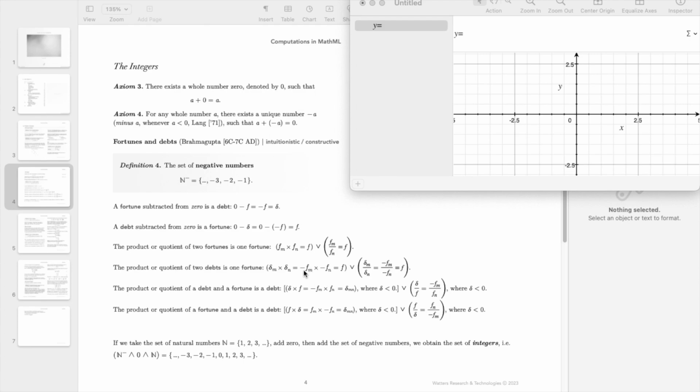But these are actual values, minus f sub m, minus f sub n. The product of two debts is a fortune. Okay? Now, why is that? Because a negative value subtracted from 0, as we've established, is a positive value.